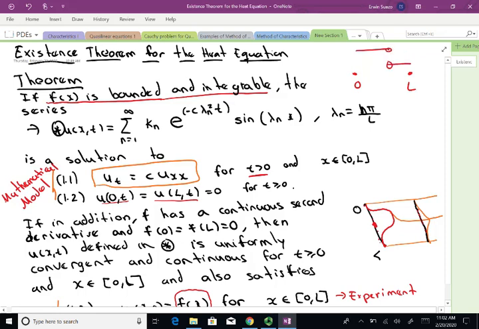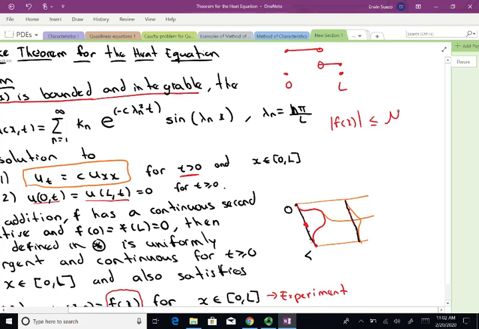But this is also bounded and integrable, could be discontinuous. Bounded means absolute value of f of x is less or equal than some constant. So that's bounded. For example, tangent of x between minus pi halves and pi halves is not bounded, because you cannot find an M such that all tangent of x is less than a constant.